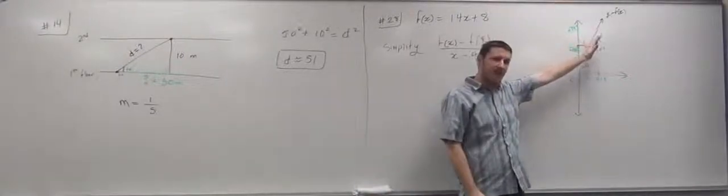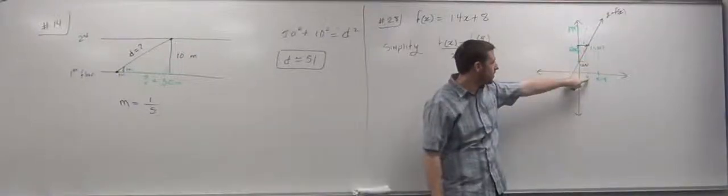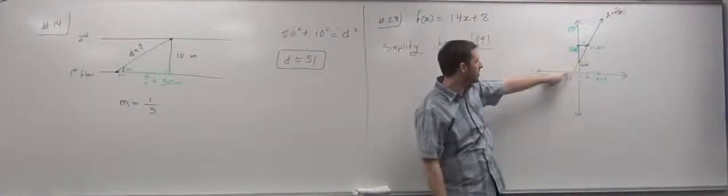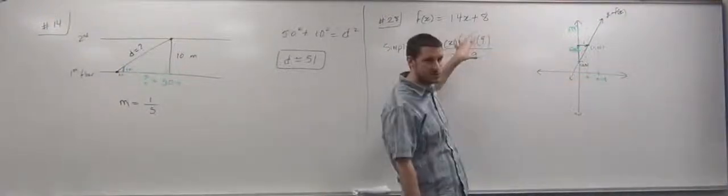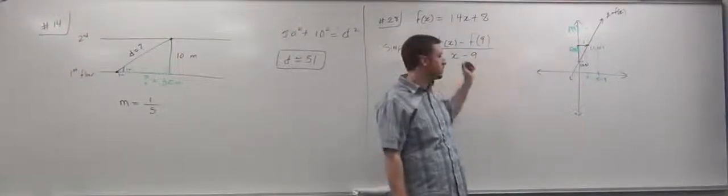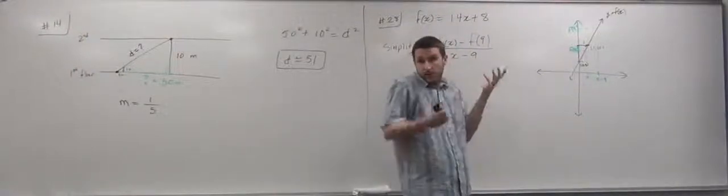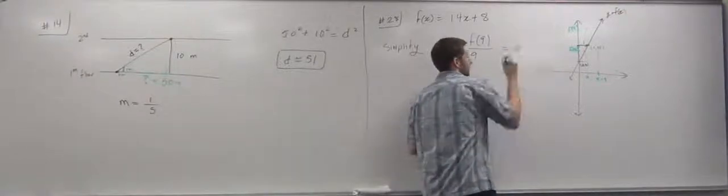Because this function is a line, no matter where I pick x, whether I pick x here, or here, or out here, I should get the same answer for this slope. Because it's a line, it only has one slope. What should my answer be? 14. So without doing any work, you could tell me this is 14.